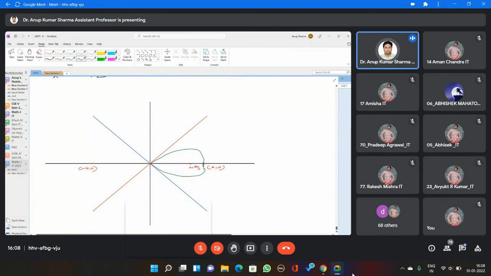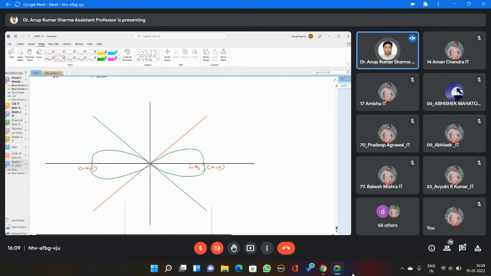Okay, unable to draw in this. And by the symmetry about the y-axis, it will touch the tangent. So this is the equation of the curve.